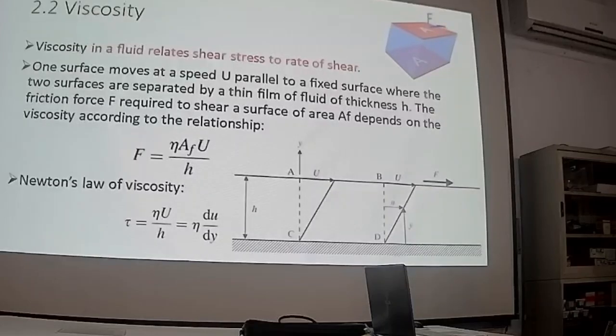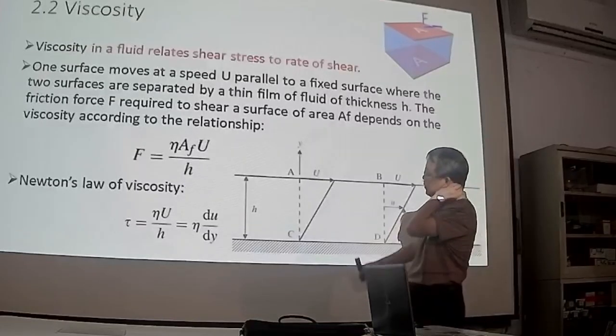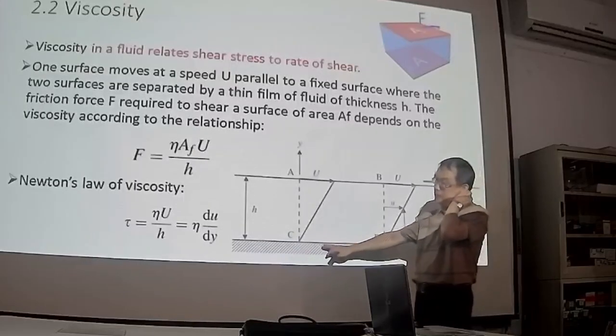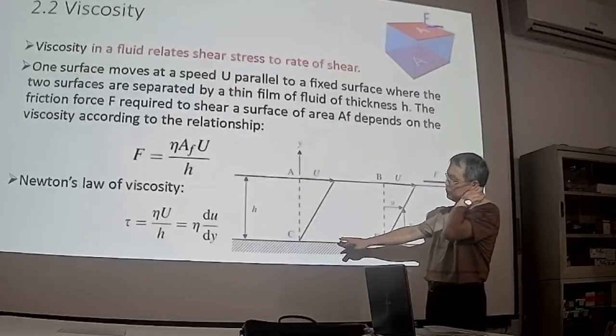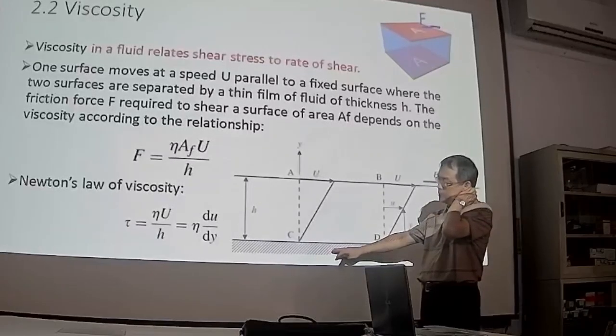So here is the velocity distribution for the lubricant. In the graph, the bottom plate is fixed, it's stationary, which means the velocity is zero because it's fixed.